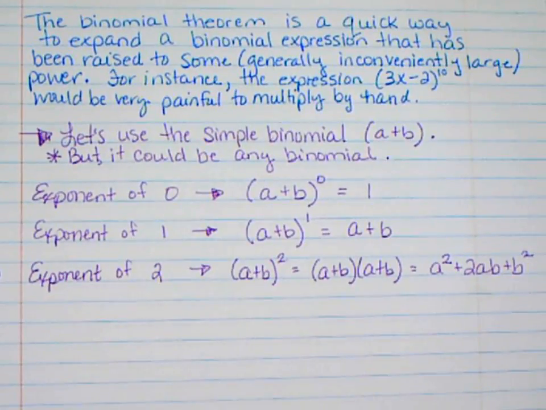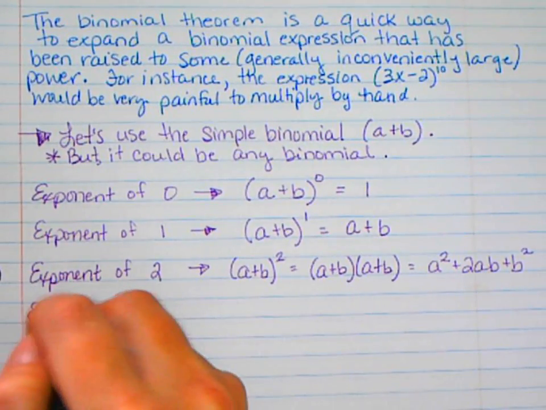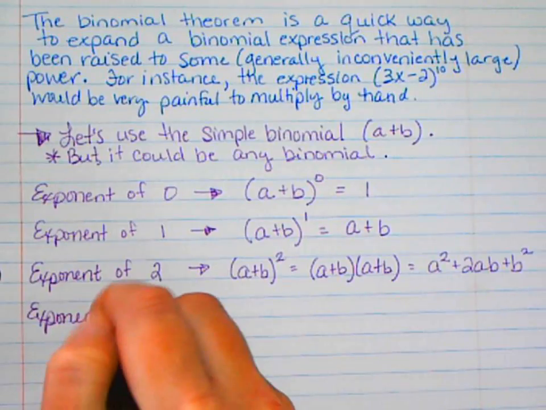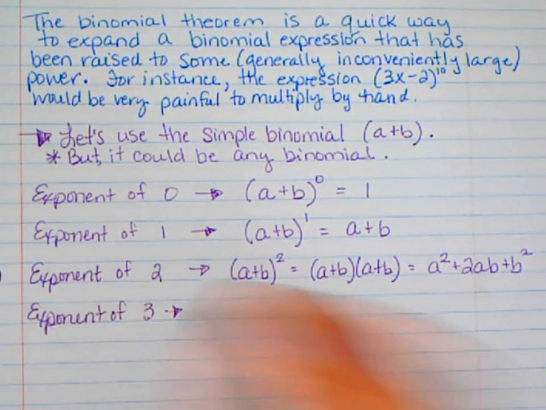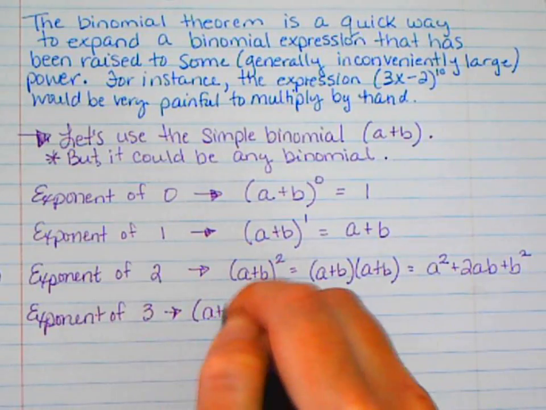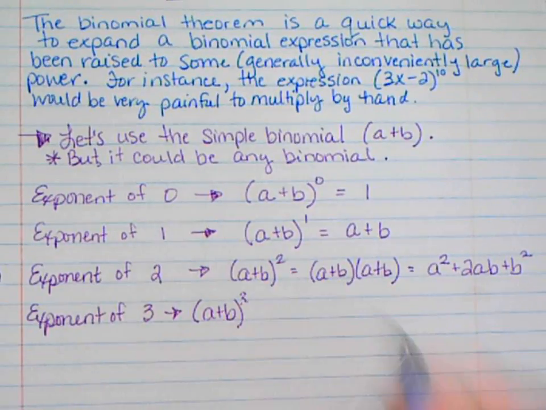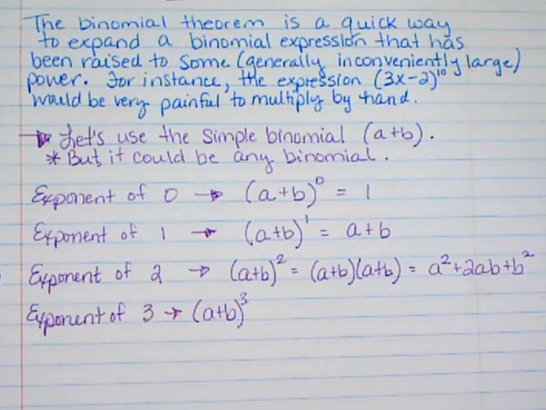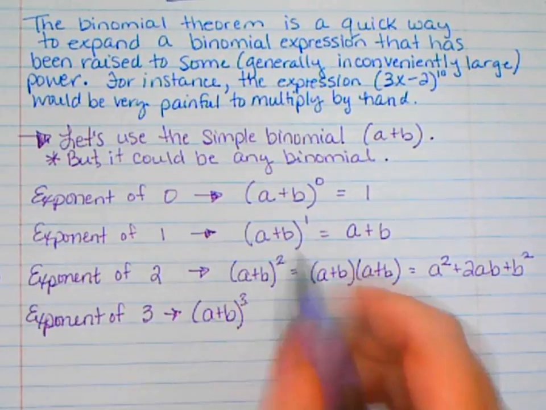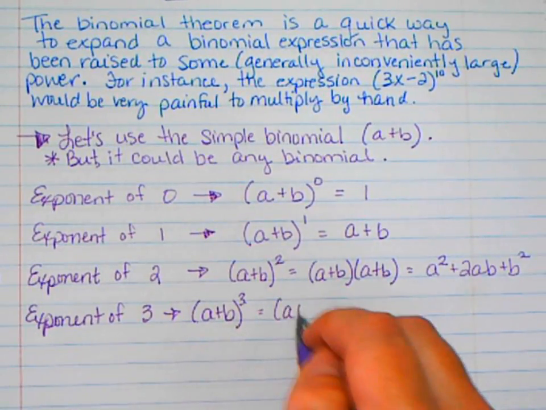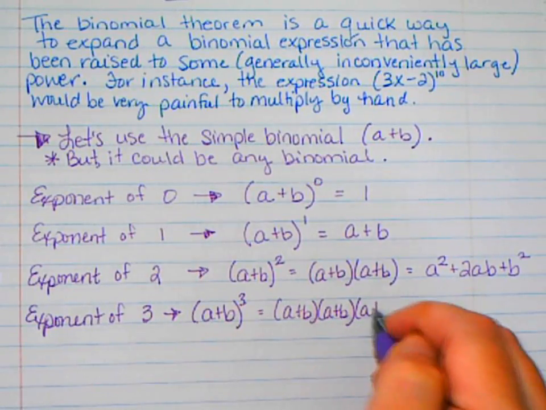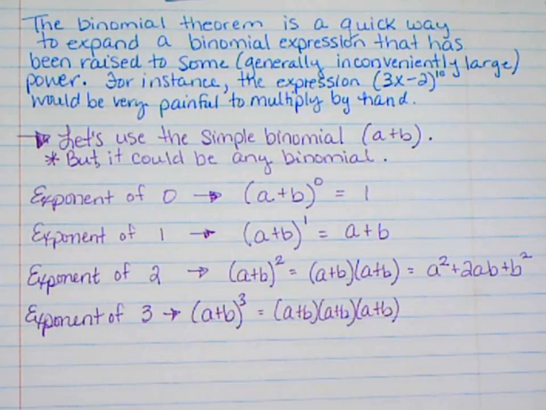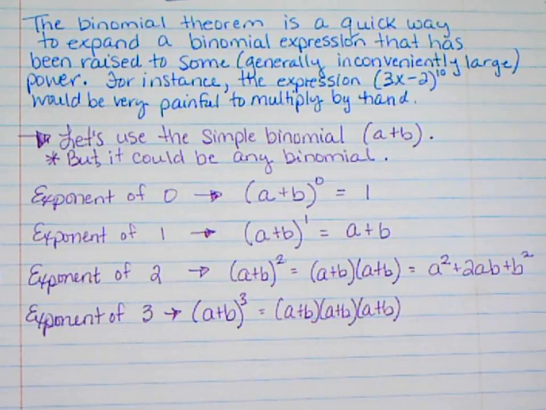If you have an exponent of 3, that means a plus b quantity raised to the 3rd power, which is the same thing as a plus b times a plus b times a plus b, which I'd probably FOIL my first two together, combine like terms, and then distribute it to the last binomial.